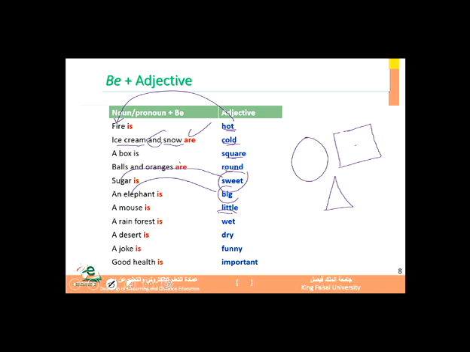A rainforest is wet. So again, we have more information about those nouns when we have an adjective. A desert is dry. A joke is funny. Good health is important. So all those are adjectives that give more information about the nouns that we have at the beginning of the sentence.